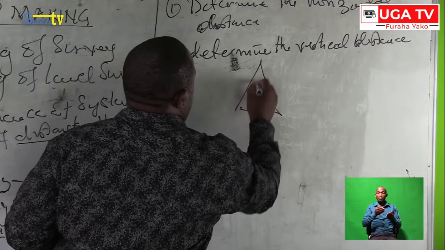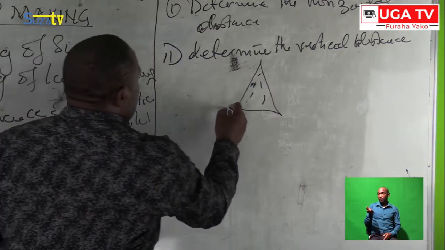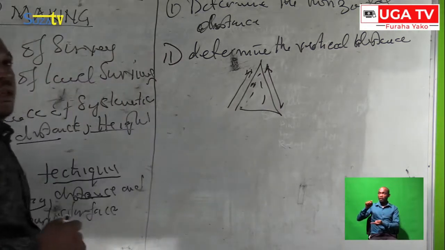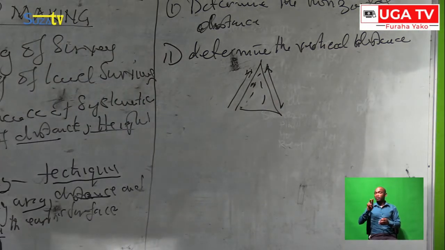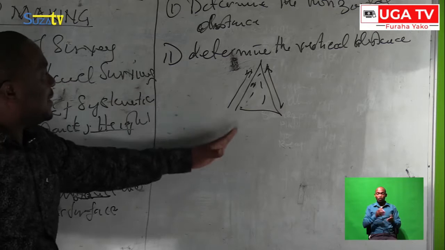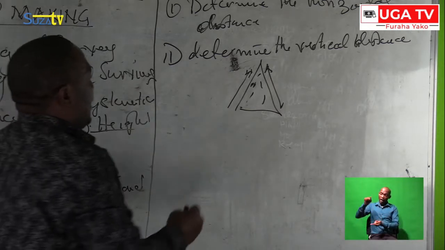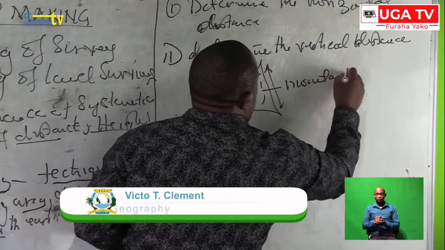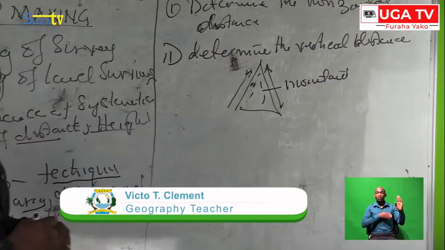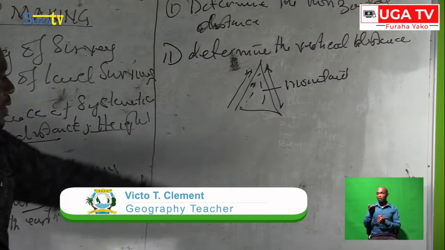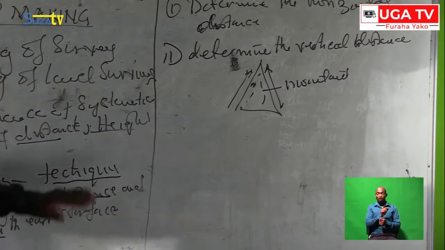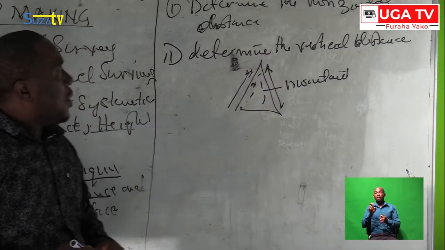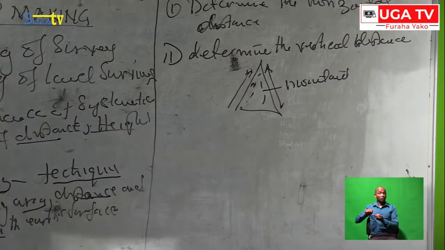If we need to know the height of the mountain, survey can be used to measure it. So this is another purpose. The first is horizontal distance, and we can also find the height of a vertical object such as a mountain.